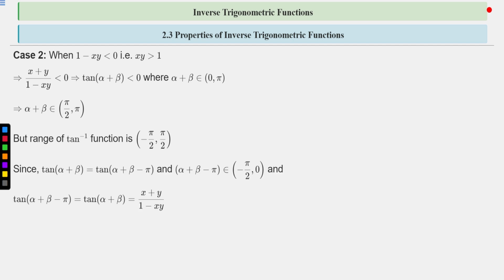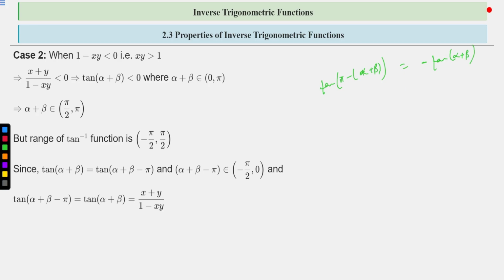Now, tan of (alpha plus beta) is equal to tan of (alpha plus beta minus pi), and alpha plus beta minus pi will belong to minus pi by 2 to 0, right? Why have we written tan of (alpha plus beta minus pi)? Because tan theta is coming out to be negative. See, tan of (pi minus (alpha plus beta)) is in the second quadrant, so we can write it as minus of tan of (alpha plus beta).